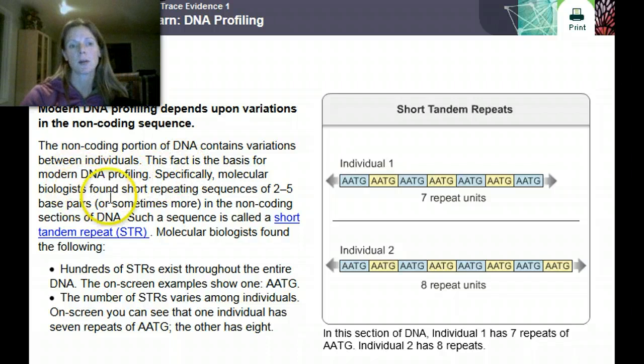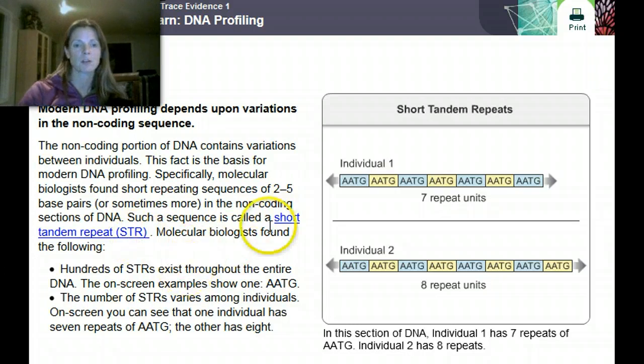Specifically, molecular biologists found short repeating sequences of 2 to 5 base pairs, or sometimes even more, in the non-coding sections of DNA. Such a sequence is called a short tandem repeat. So you'll see this STR in many different places, so just know what STR is. It's called a short tandem repeat, meaning we're talking about those non-coding places where you have these repeating sequences of non-coding DNA.